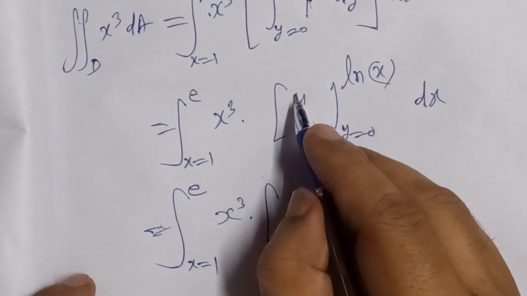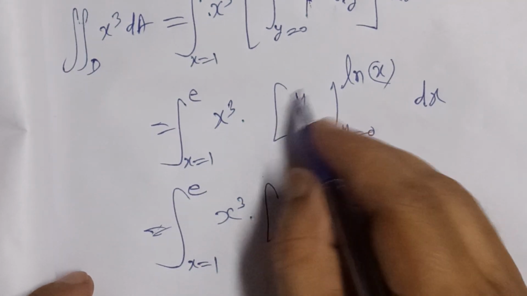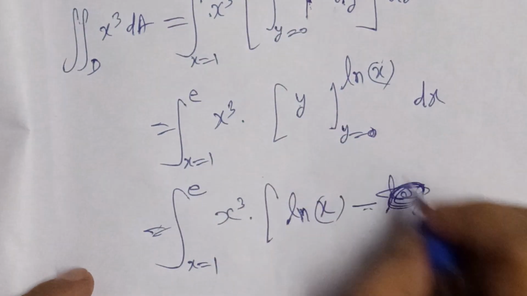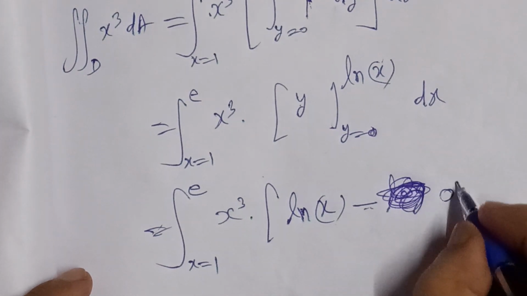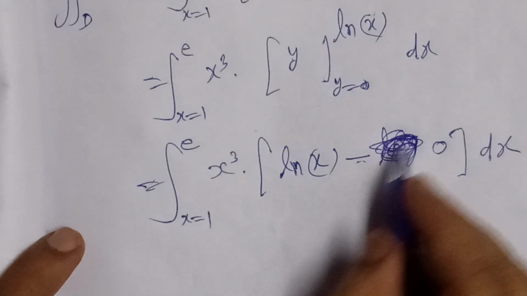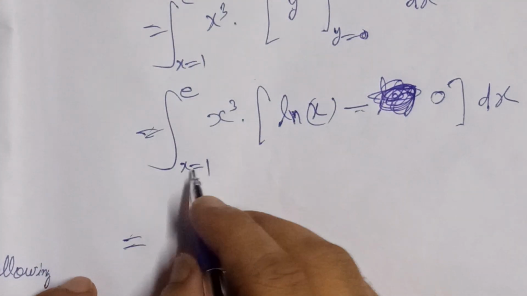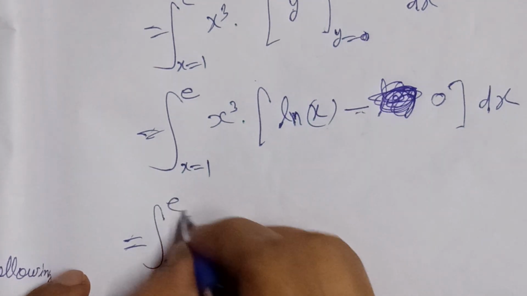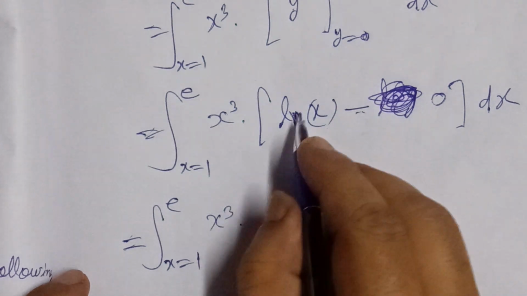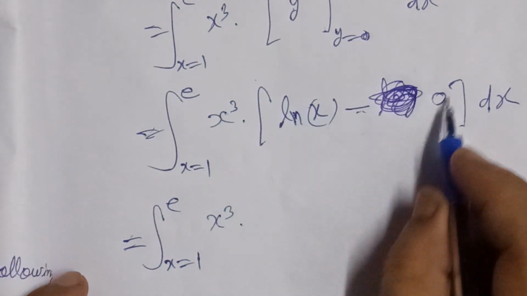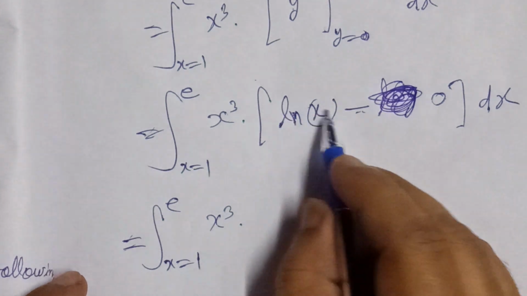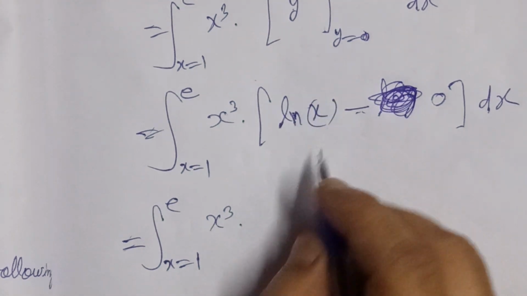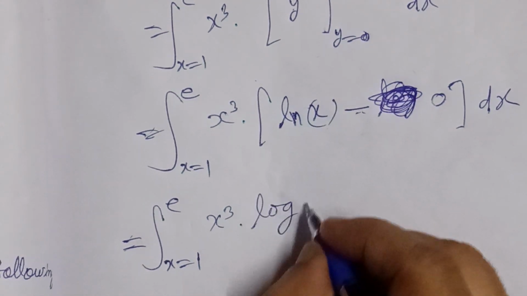I write the upper limit, log x, in place of y, and minus the lower limit 0, and now integrate the whole value with respect to x, from x equal to 1 to e, of x cubed times (ln x minus 0), which is natural logarithm x. You can write it as log of x.